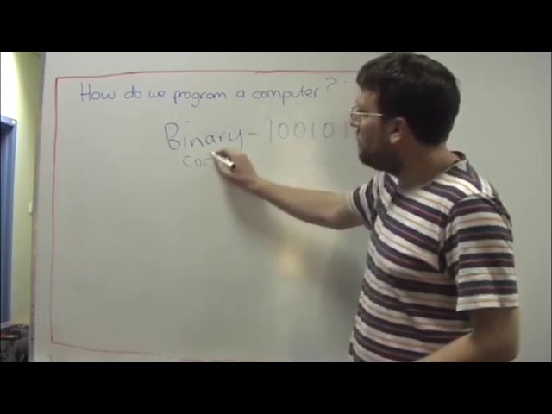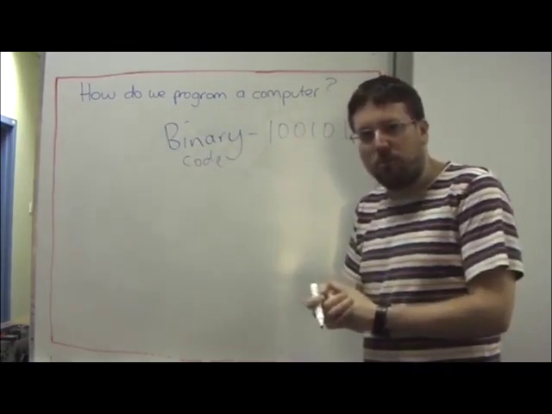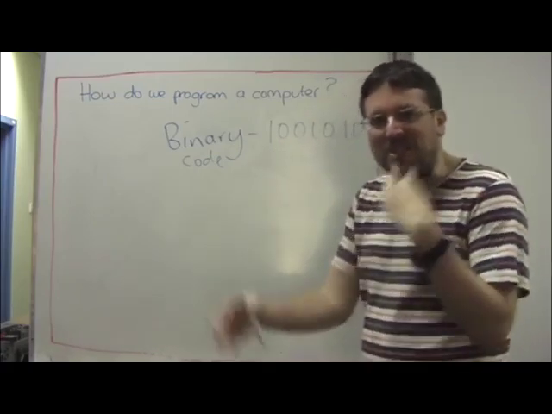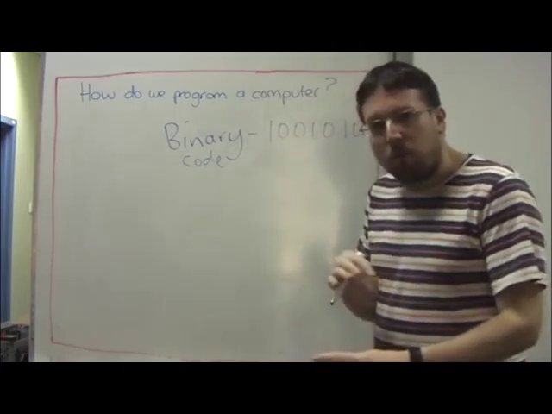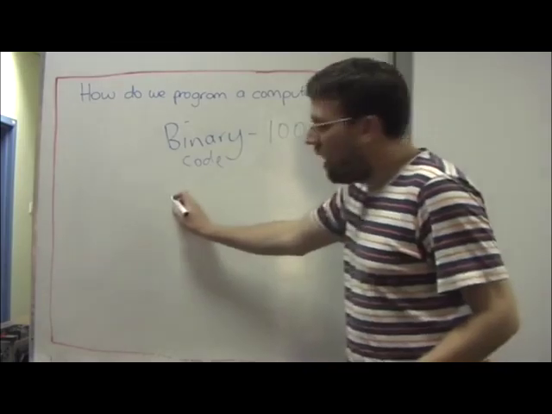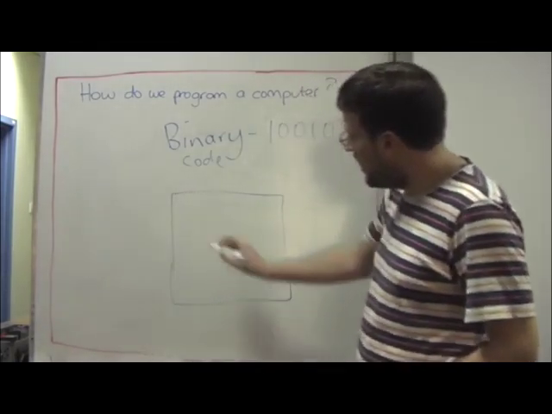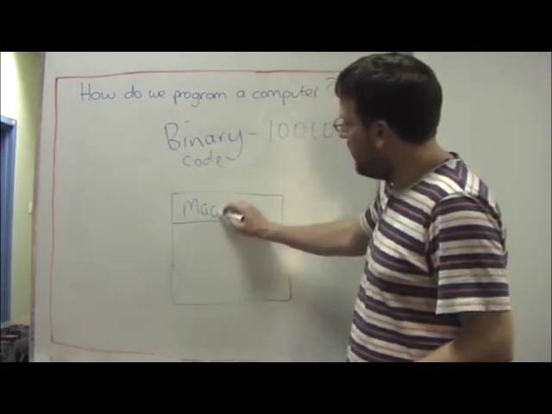So the fundamental way that you could write a program for your computer would be directly in ones and zeros. We call this machine code. I'm going to draw a diagram here, and I'm going to put an extra layer on it, and our first layer is going to be machine code.